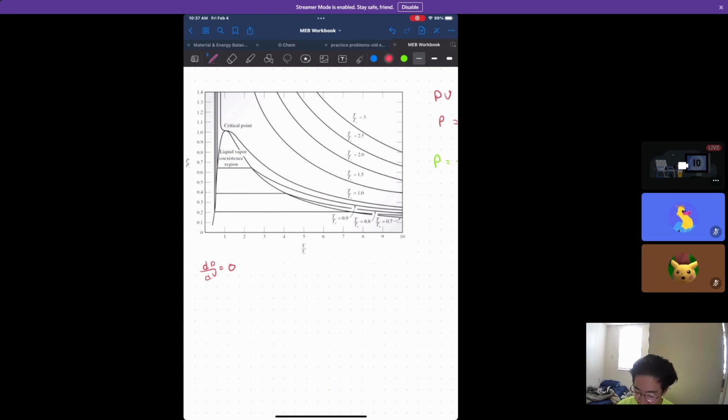What's next? It's also an inflection point, where over here it's concave down, and over here it's concave up. Well, we can then say that the second derivative of this function is also equal to 0.